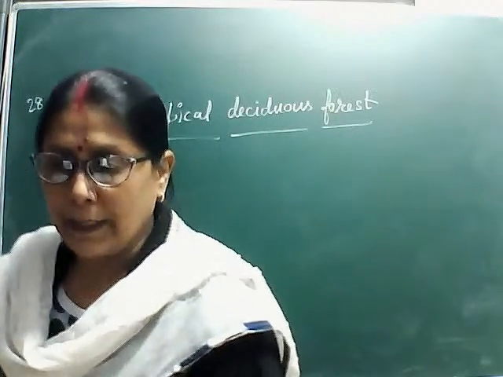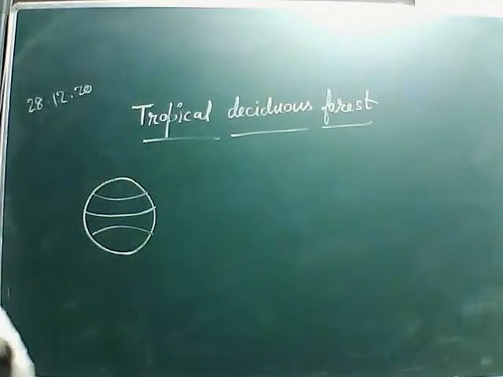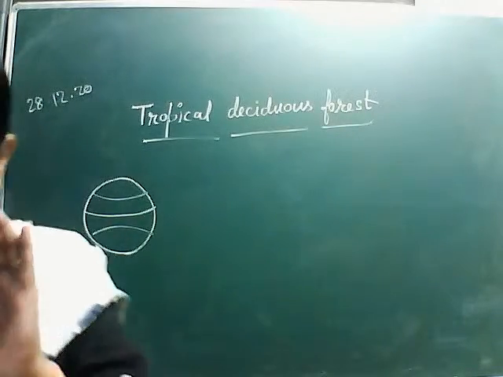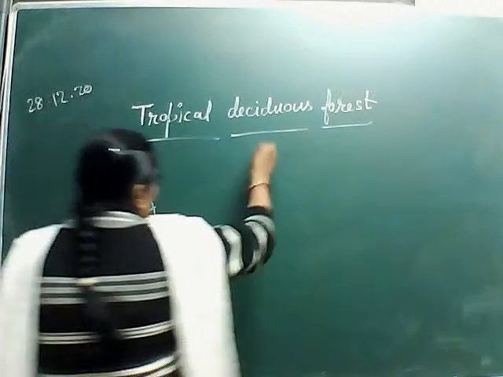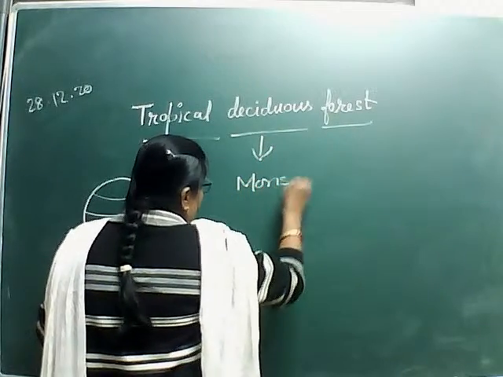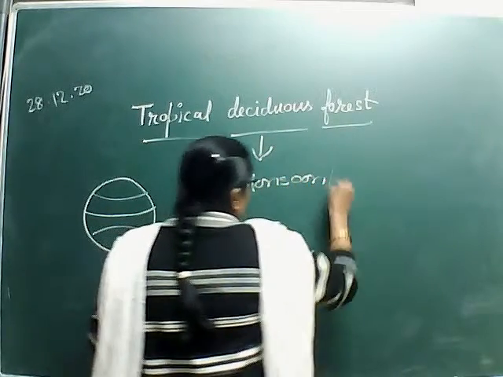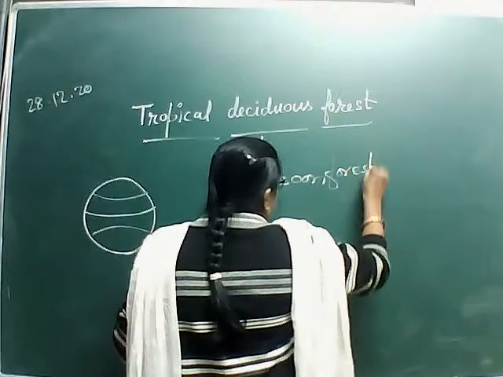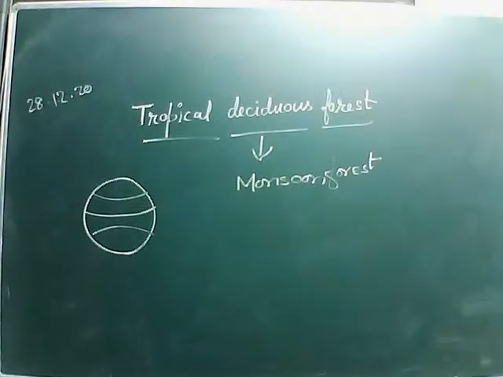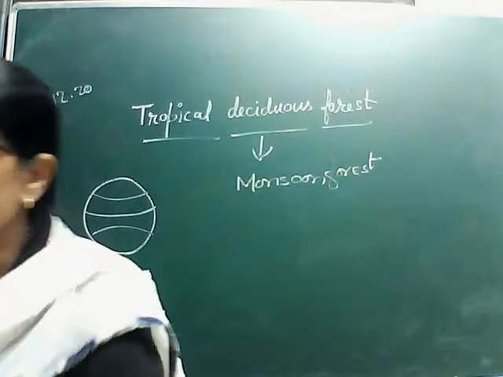Okay, so in India a large part has tropical deciduous forest. And one more thing, this forest is also known as monsoon forest. It is also called monsoon forest. Okay.